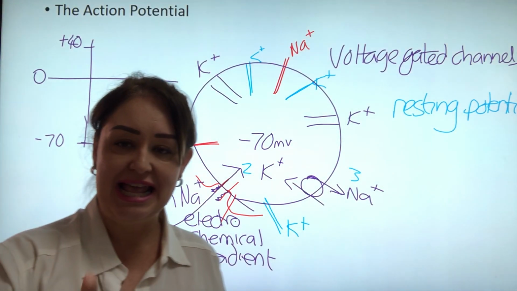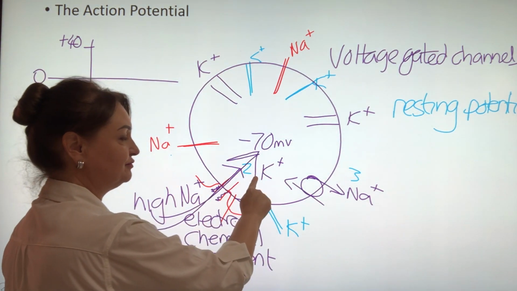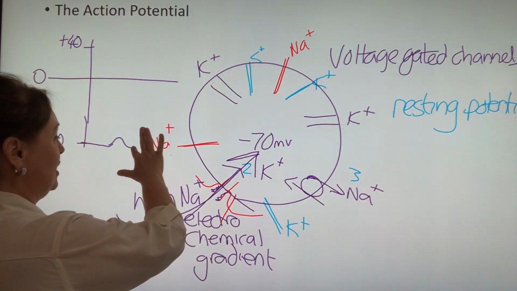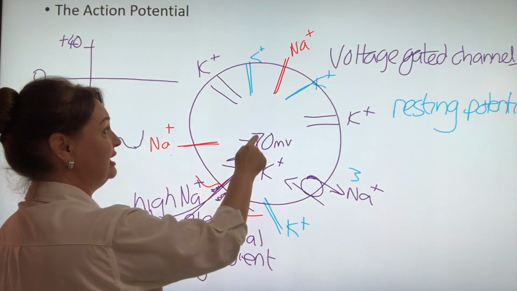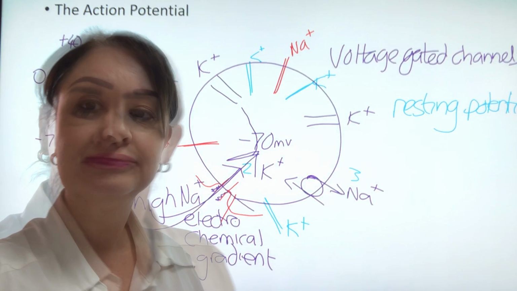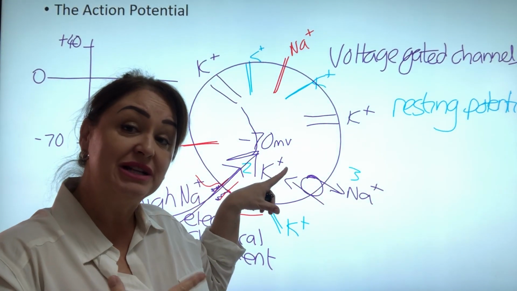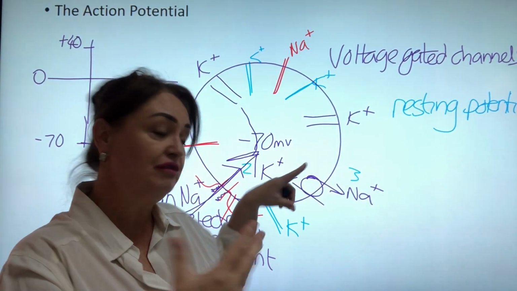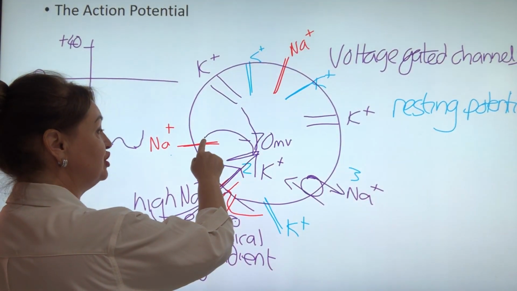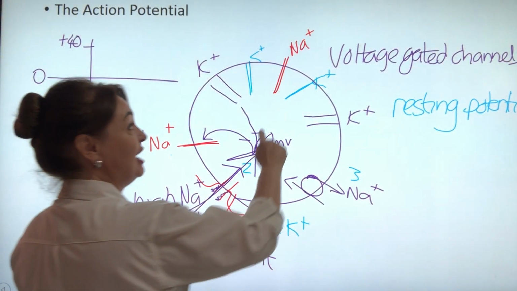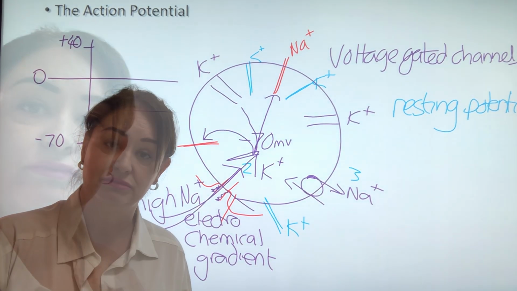However, if enough sodium ions come running in that it gets to threshold, in other words, if the generator potential is big enough, what happens is those sodium ions run to the other sodium ion channels and they tell those to open.